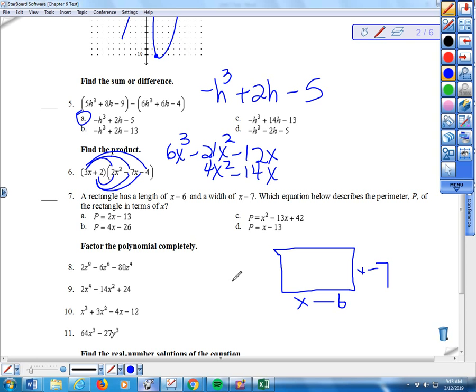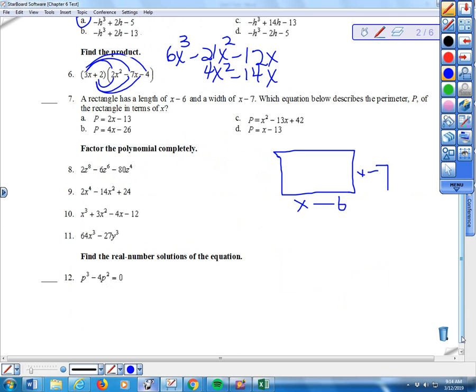Okay. Factor the polynomial completely. First thing I'm going to do is always factor what's common to everything: 2z to the 4th.